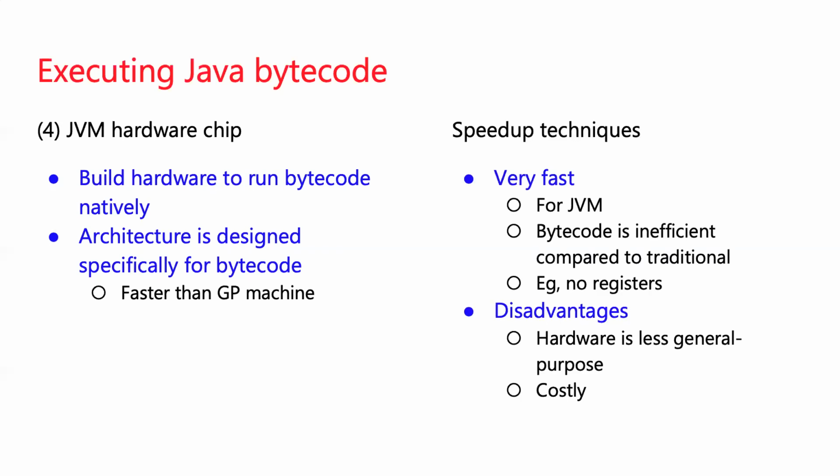So this could be faster than doing it in software, but it's going to require special purpose hardware, and hardware that was made just to run Java bytecode is going to be less general purpose. This has been done a few times. There are some efforts to do this, but it doesn't seem to be as popular as it was in the early 2000s.